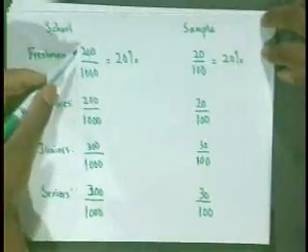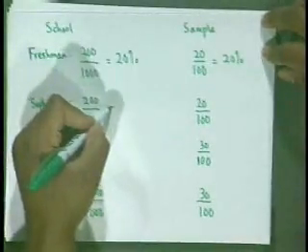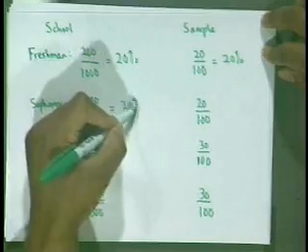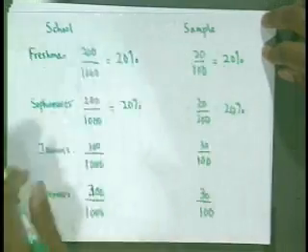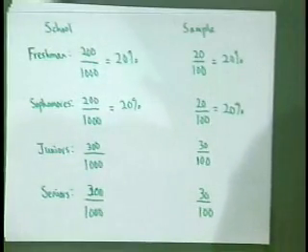Now, sophomores and freshmen have the same number of students, so we can put the same values for sophomores in the school and in our sample. Let's take a look at the juniors. For juniors, we have 300 juniors out of 1,000 students. So that would be 3/10 times 100. That gives us our percentage.